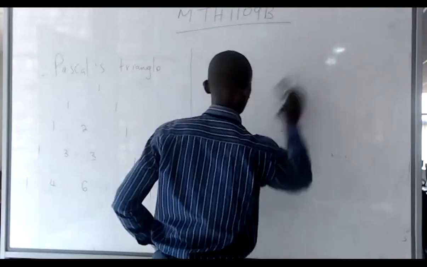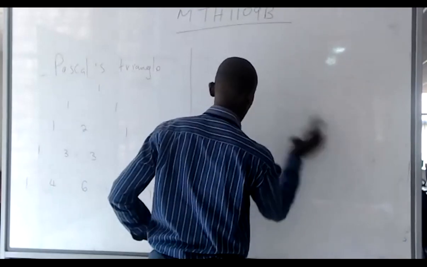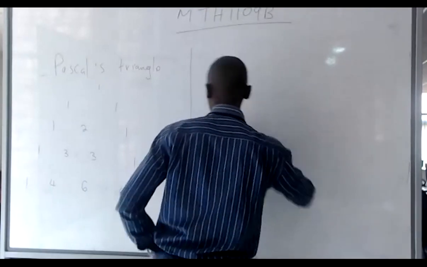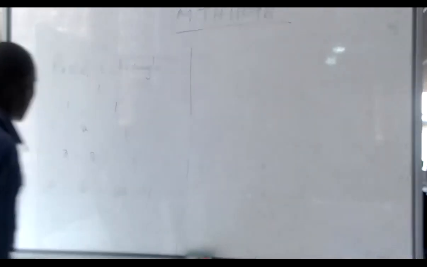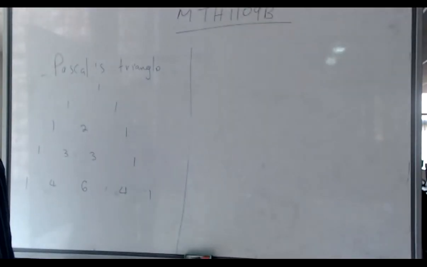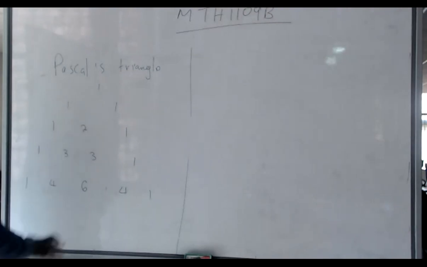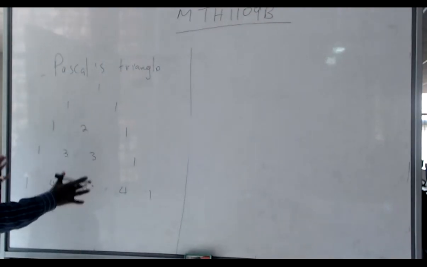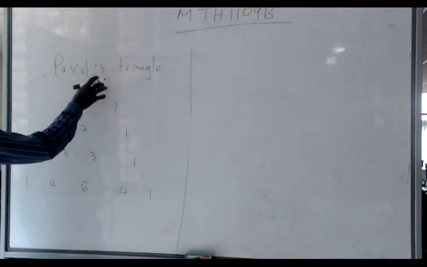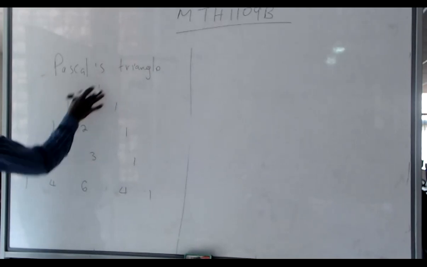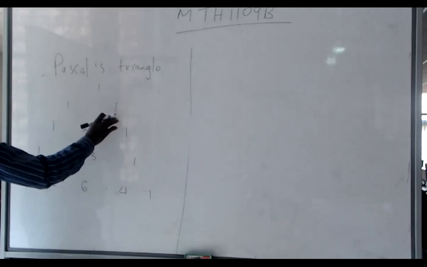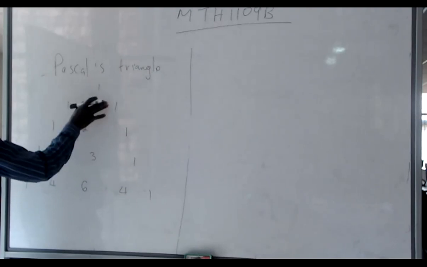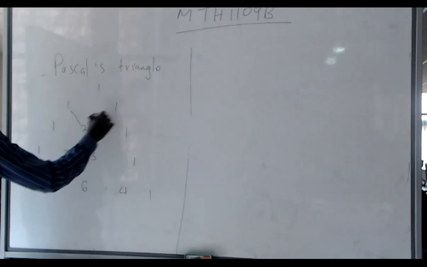Now, once we understand this Pascal's triangle, we'll be able to come up with binomial coefficients for any positive n that you're interested in. So one observation you can make from this, actually this is an example of a sequence. You observe that in the first row there's a 1, the second row there's 1 and 1. Now for you to get this second row from the first row, you start with 1.